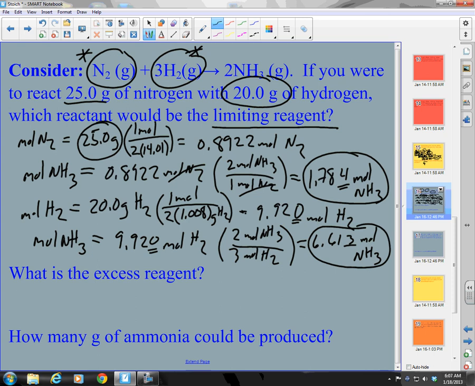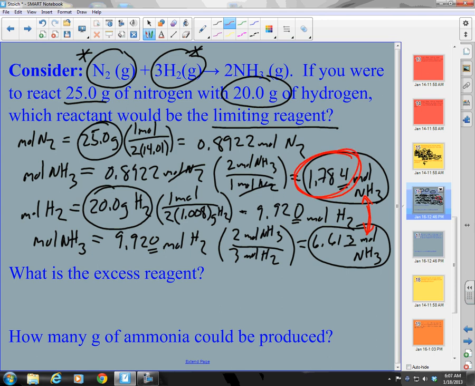So 6.613 moles of ammonia could be produced if we were to react 20 grams of hydrogen. Okay, now what do I do? I compare these amounts. Let's compare these two amounts. Which one is smaller? Well, this one is smaller.